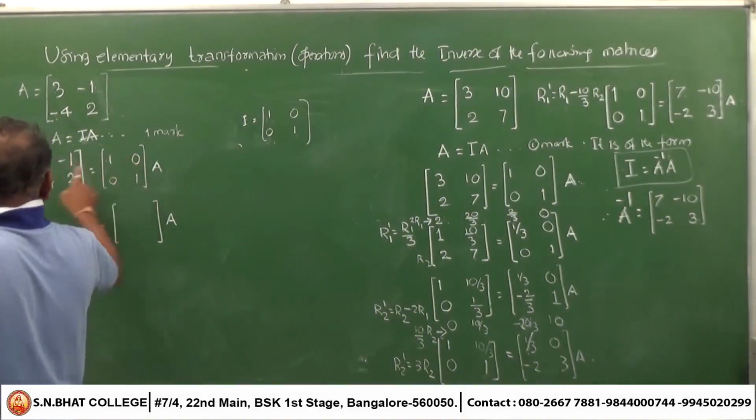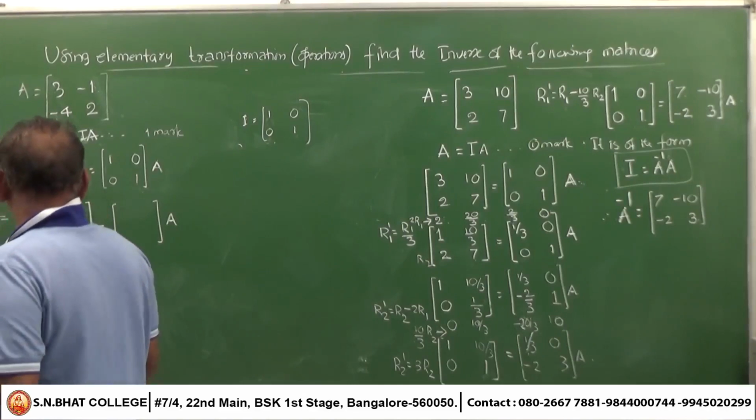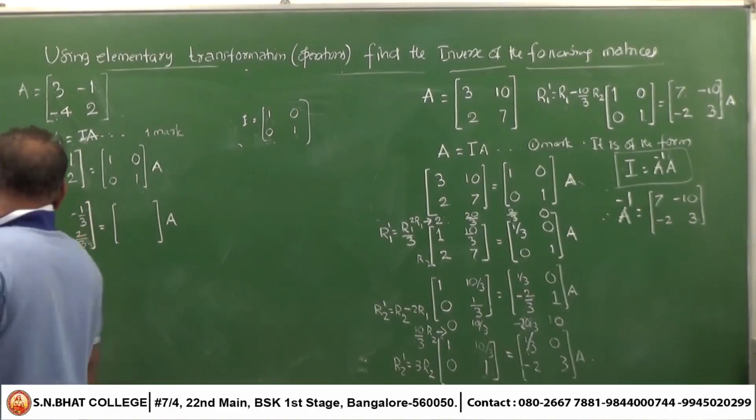This is R1, this is R2. Divide by 3. 3 by 3 is 1. Minus 1 by 3. Minus 4 by 3. Next is 2 by 3.